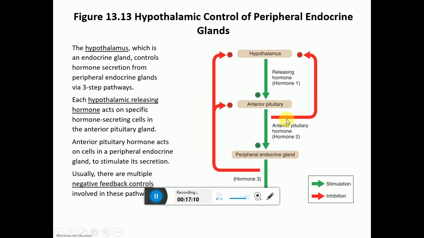And you can see here that the TSH that comes out of the anterior pituitary is going to inhibit also the hypothalamus. So each gland really inhibits the gland or glands above it. And that is the negative feedback of this whole hypothalamic pituitary system.